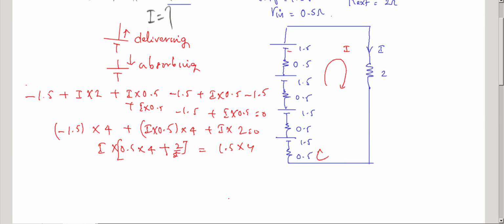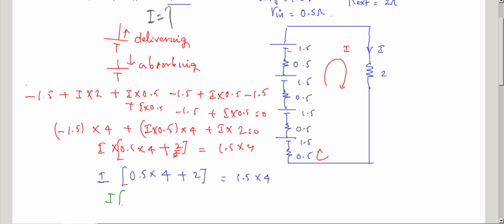So you have observed that I into 0.5 into 4 plus the external resistance equals 1.5 into 4. I am simply arranging it like that.